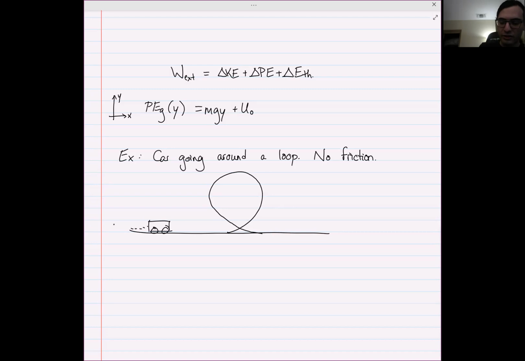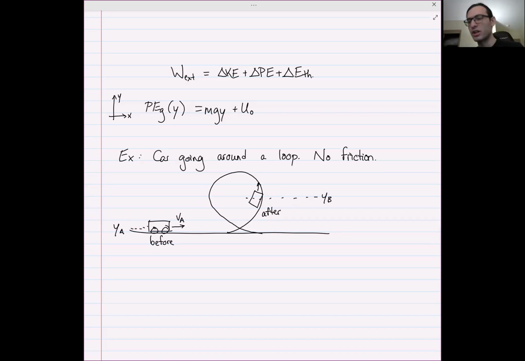And let's say it starts off at some position yA, and it's moving at some speed initially, vA. We might be interested in the speed of the car as it goes around the loop at some other position, say yB, at some other height, yB. And we'll call that our after case.